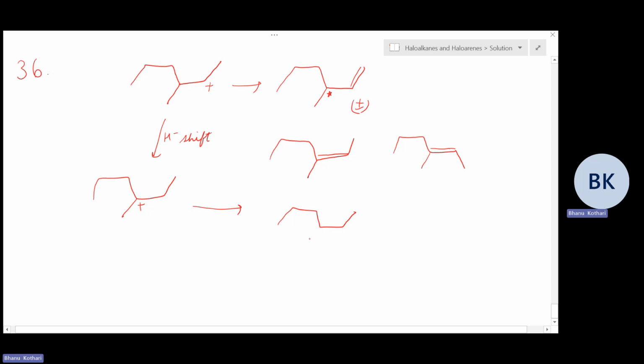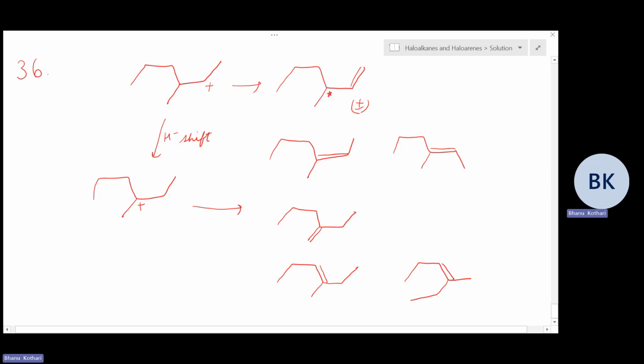If the double bond is here, then this is one possible product. On this carbon, there is a double bond. And if the double bond comes here, there are two possibilities. One is cis and one is trans.